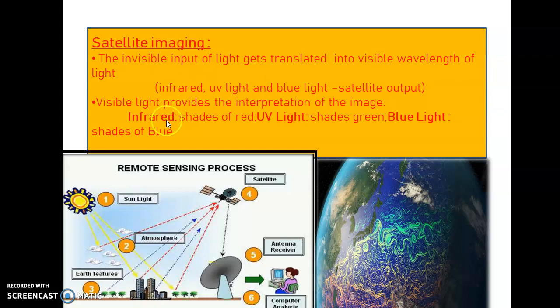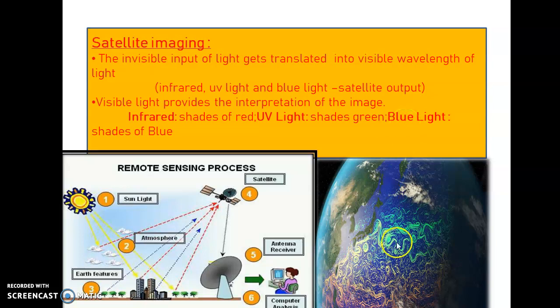Infrared shows shades of red, while UV light shows shades of green, while the blue light shows shades of blue. You can clearly see in this picture there are three different shades. The red color is the infrared ray, the green color is the ultraviolet light, and this blue indicates the blue light.